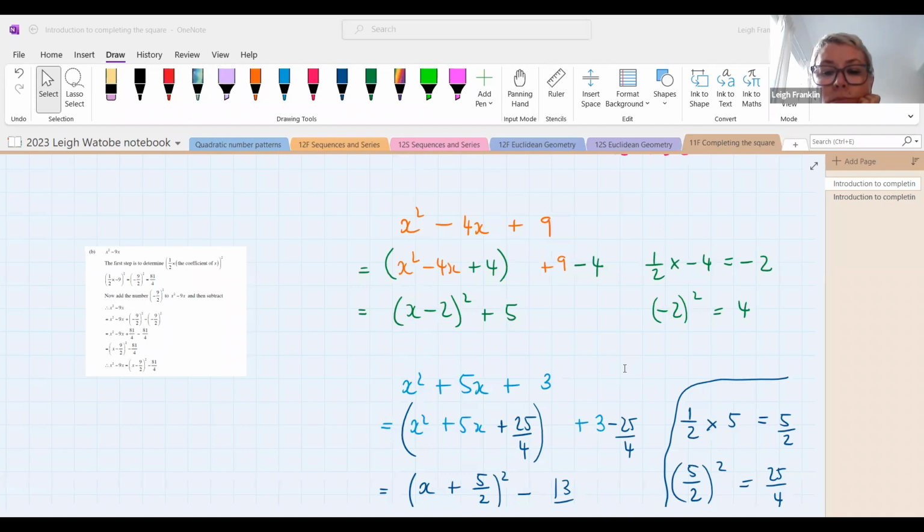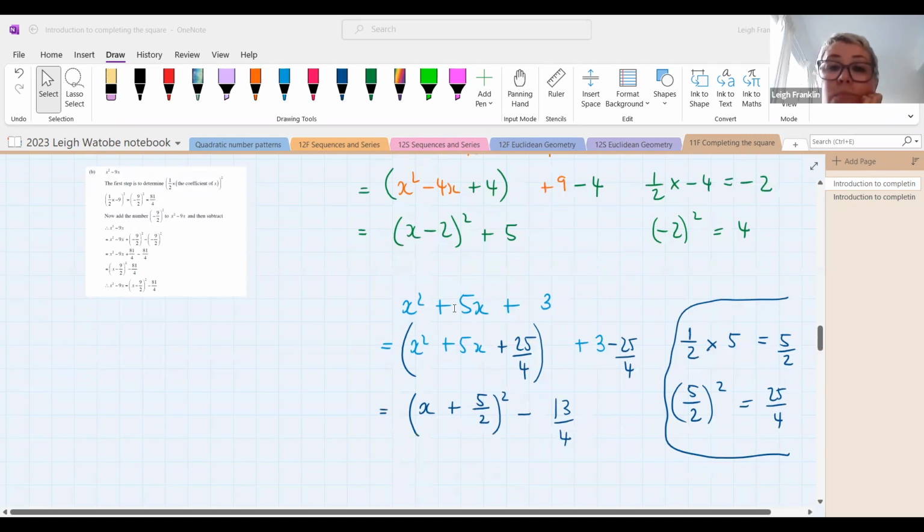Then you put a big bracket over x squared plus 5x plus 5 over 2 squared, and solve it, and then you can write the other answer you got. Yes, because this one for half is confusing. Yeah, no, absolutely. You can do it that way as well.